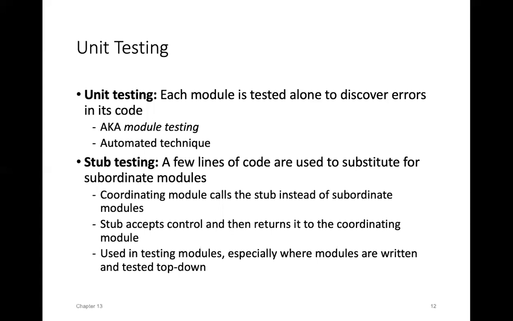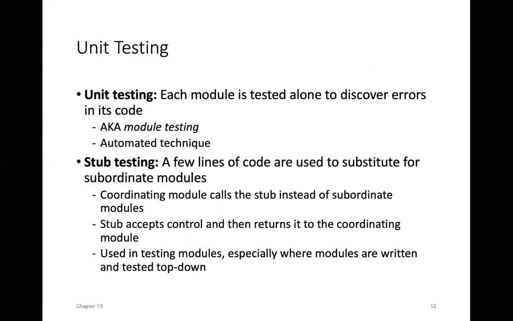If I have a module, a software component of a program that calls on other, subordinate modules, then instead of going through each individual subordinate module, we can put in this dummy control called a stub, which takes the place of all the subordinate modules and allows us to test just the main module we want to test. So in stub testing, we put in a few lines of code to substitute for subordinate modules. The coordinating module calls the stub instead of the subordinate module. The stub accepts the control and returns it, and it's very easy to do.